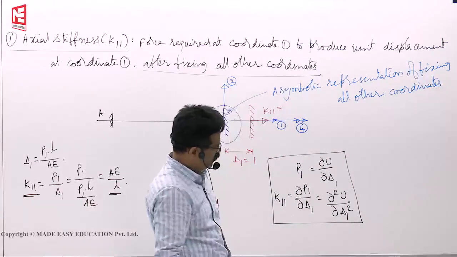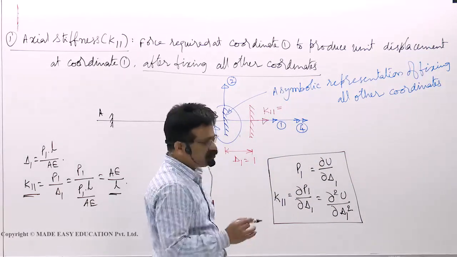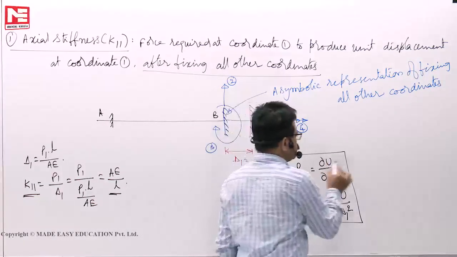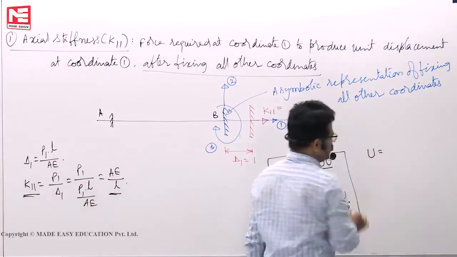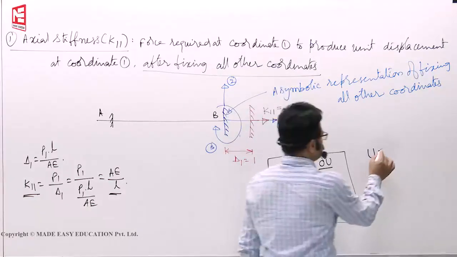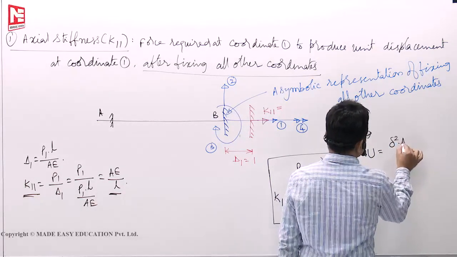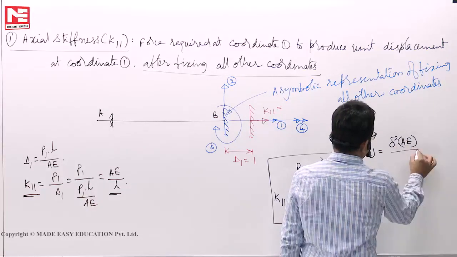This is K11. Now, in the strain energy chapter, I gave you U in terms of displacement. What is that? U equals delta square AE by 2L.